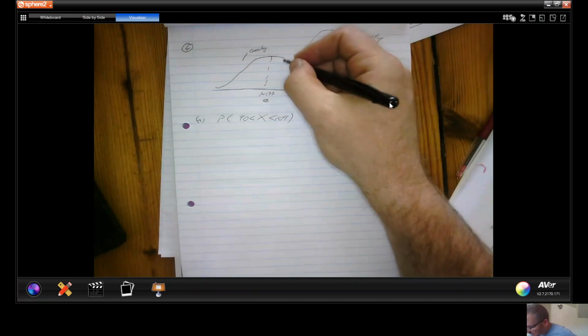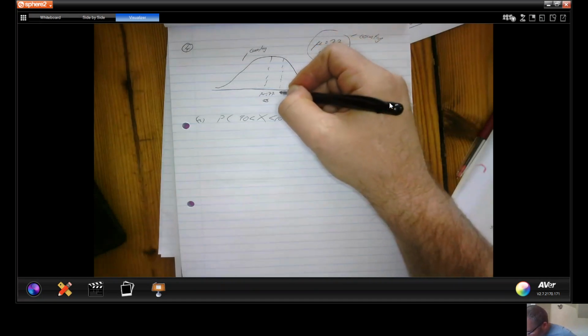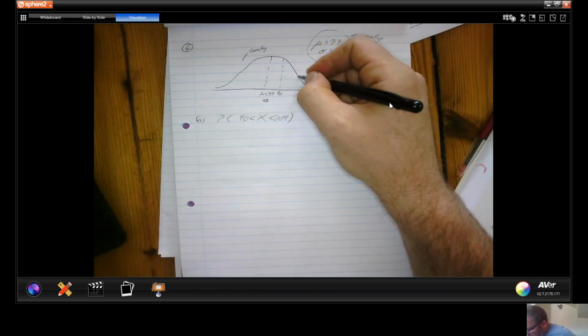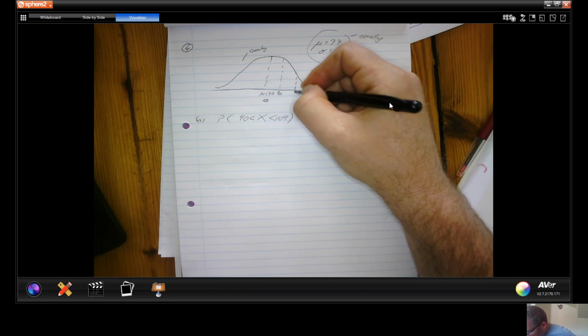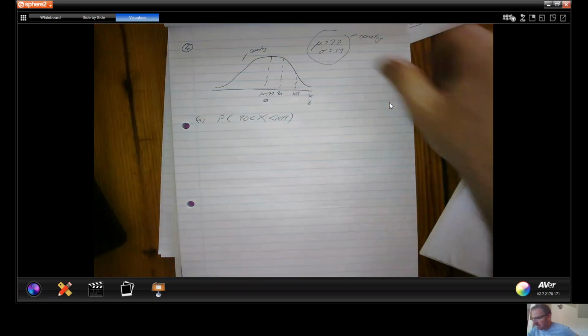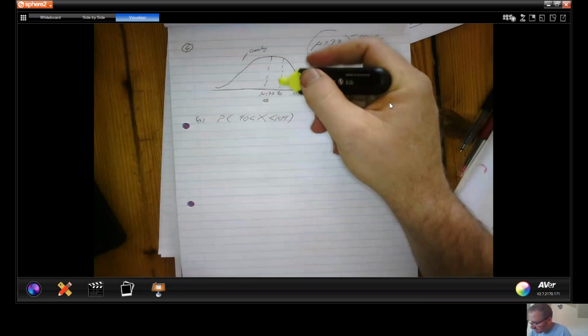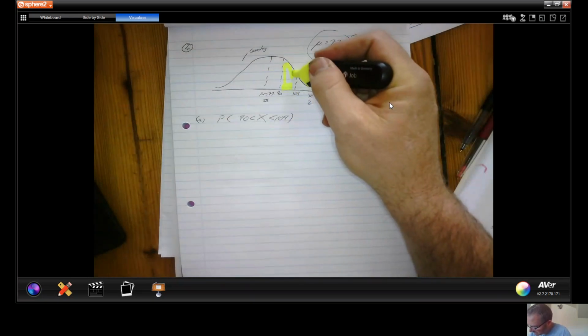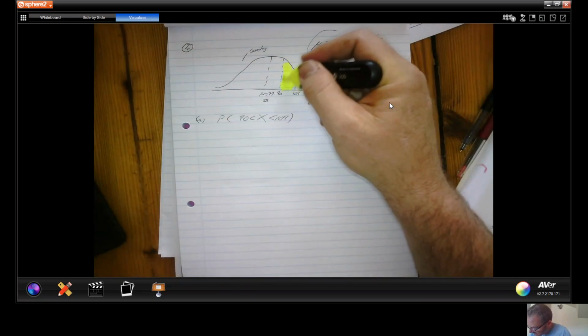So let's go draw that on our diagram. I've got 90 and I've got 109. So I'm looking for this area over here. That's the probability we want, the yellow region over here.